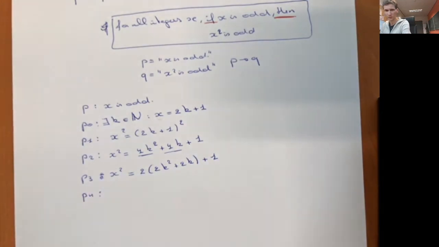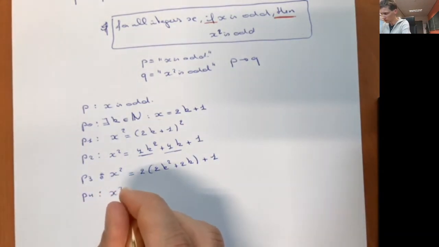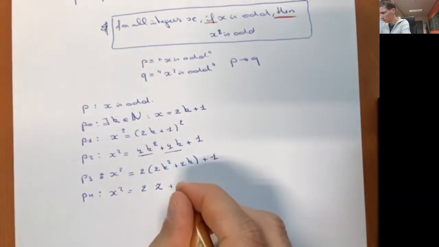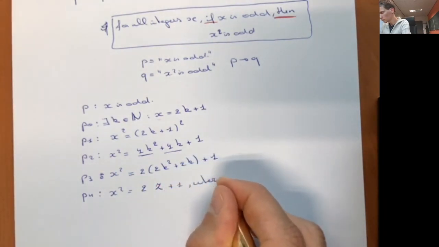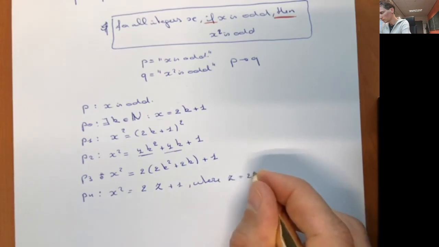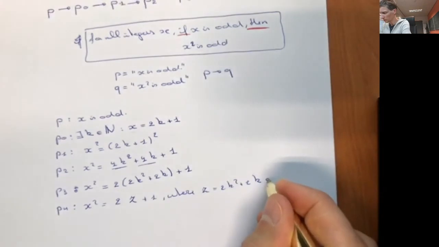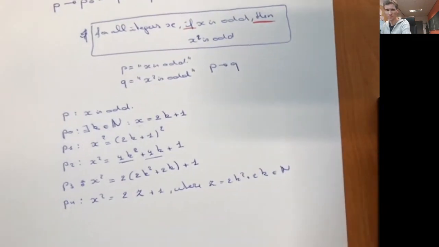And we're almost there, right? So we have that x squared is equal to 2 times z plus 1, where z is 2k squared plus 2k, right? So this is just a number in N.